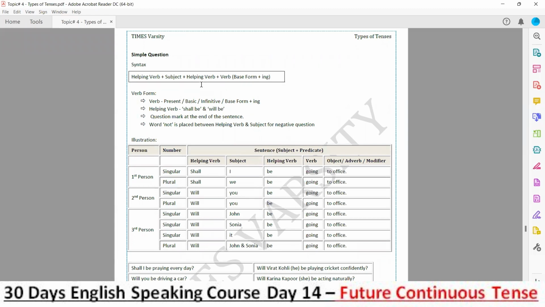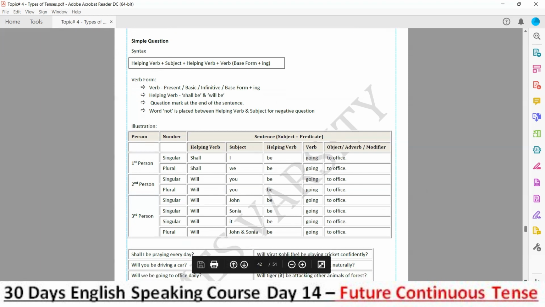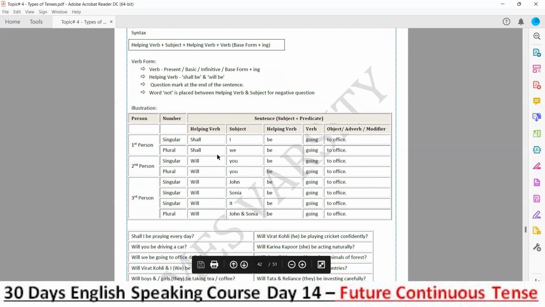One helping verb comes before the subject, and another comes after the subject. So helping verb plus subject plus helping verb, then verb. Verb form remains ing form. Since it is a question, there is a question mark at the end of the sentence. So let's look at this one.